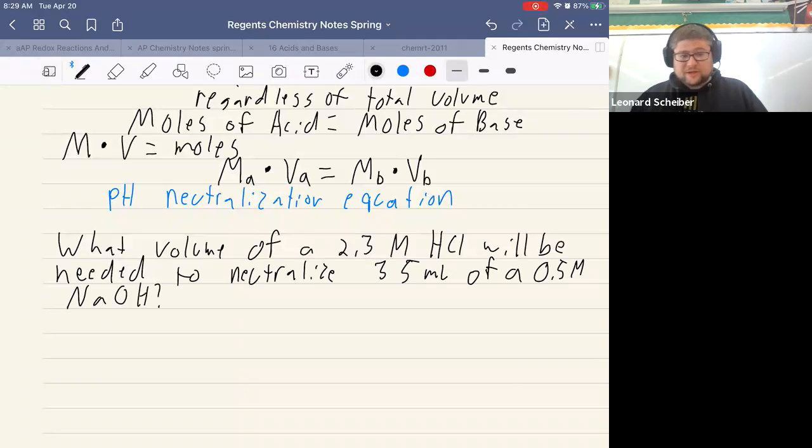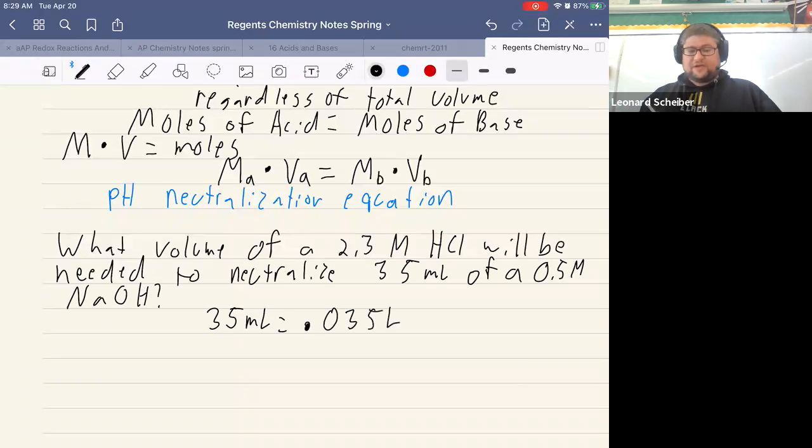So the first thing we have to remember is that volume is in liters. So we have to convert that. 35 milliliters equals 0.035 liters. And then I'm going to plug in my equation.